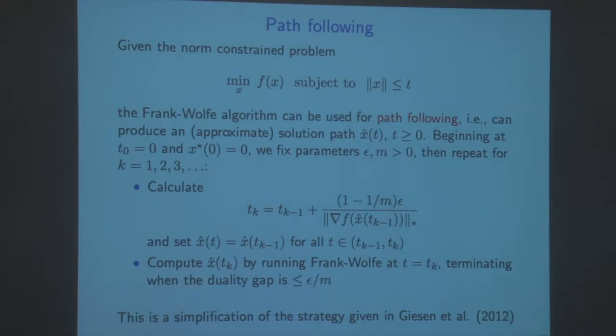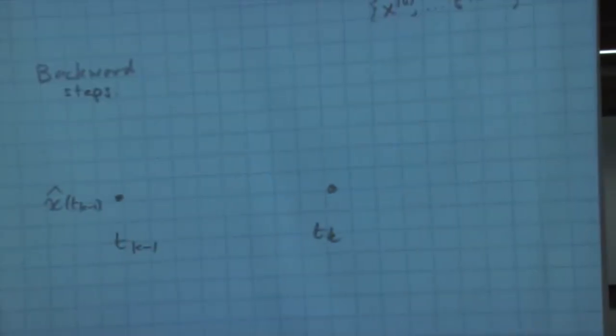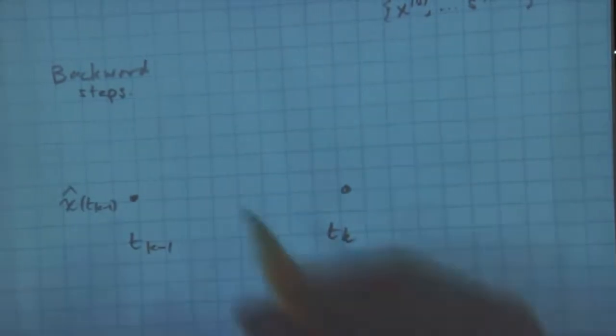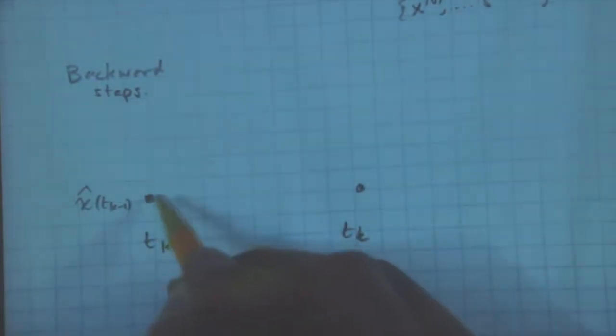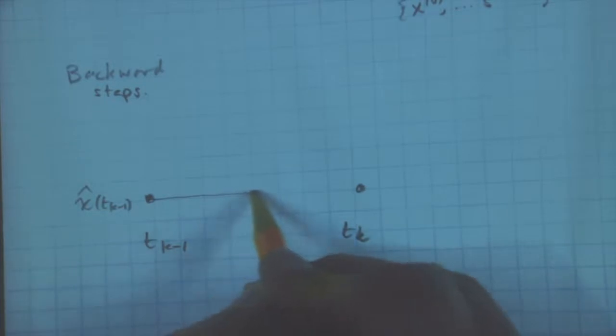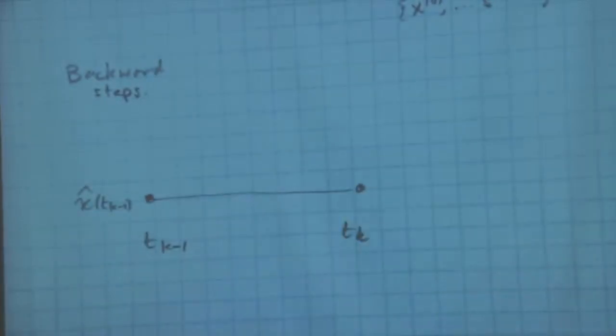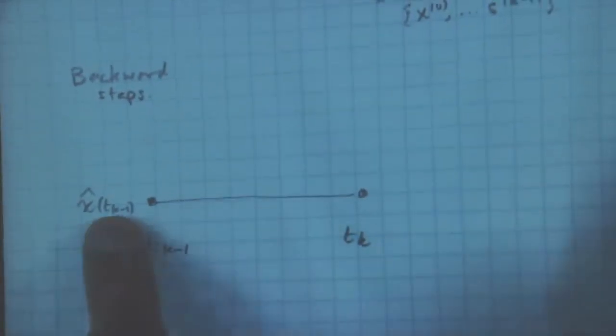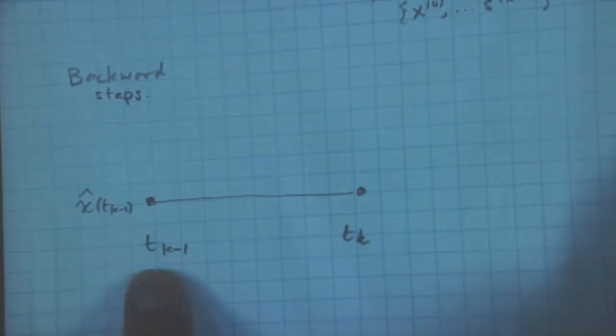Then we computed this next value, t_k. And it was computed in such a way that we're guaranteeing that if I were to stay exactly where I was, so I would keep my approximate solution constant between t_{k-1} and t_k.